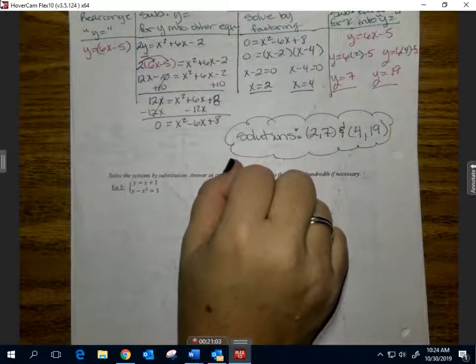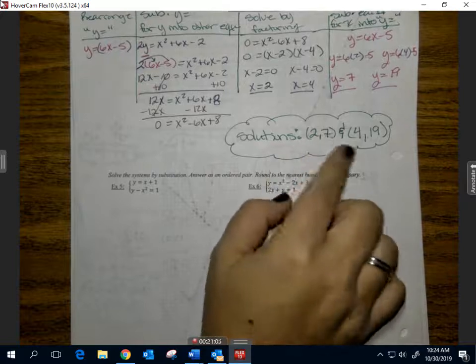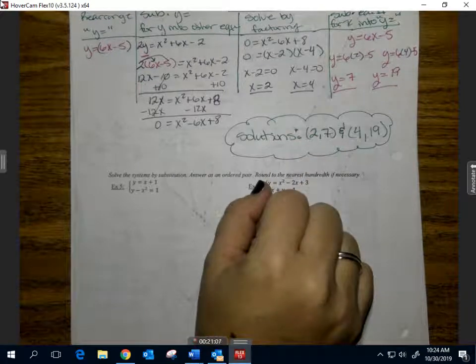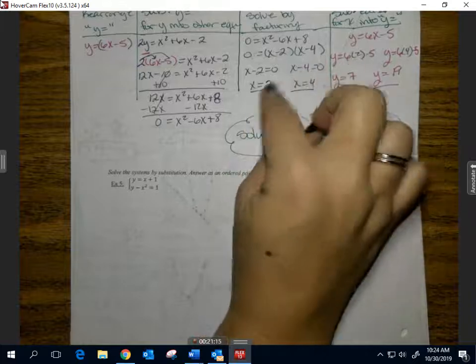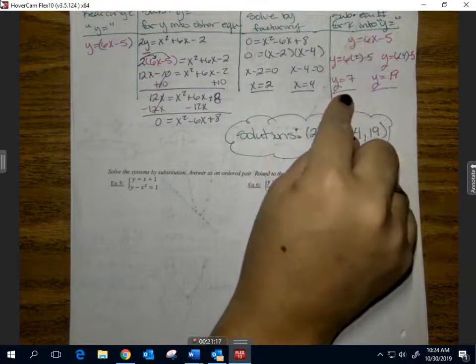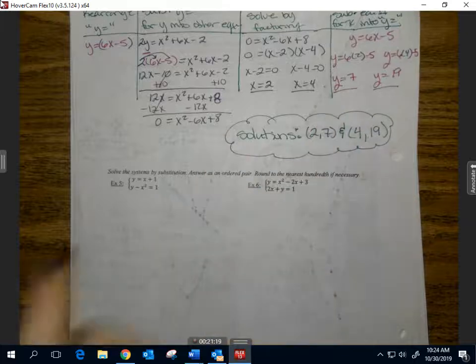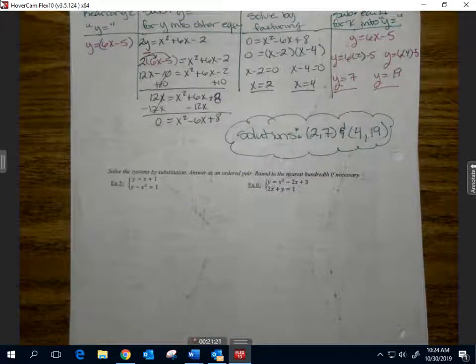As long as you get these as your solutions, you're fine. But how do I know which one goes to which then? Oh, because when I substituted 2 for x and I solved for y, I got 7. Yes, whichever x value you substituted for x to solve for y goes with that one. Good question, though. I'm sure you're not the only one.